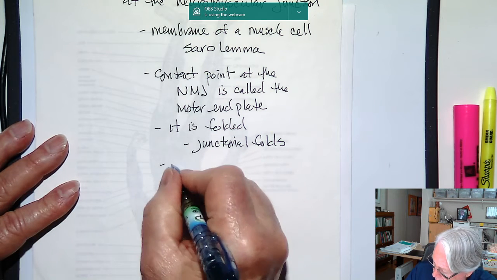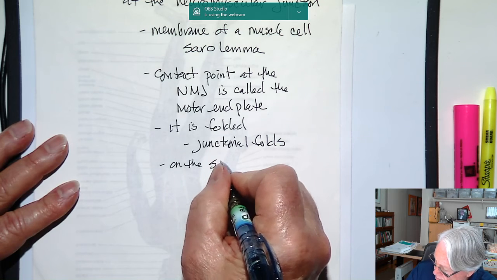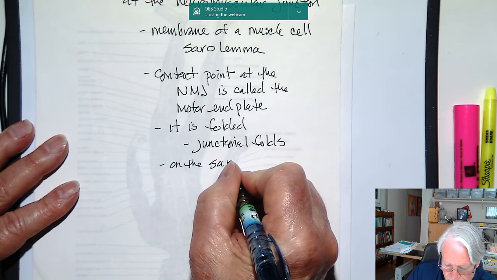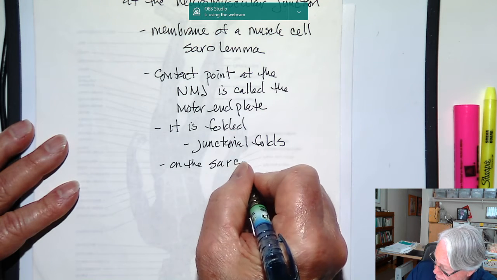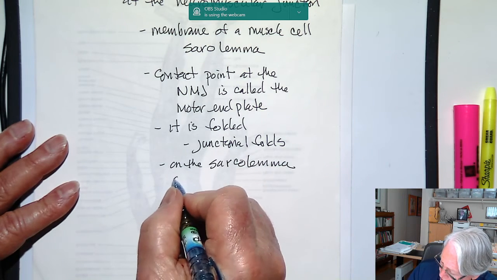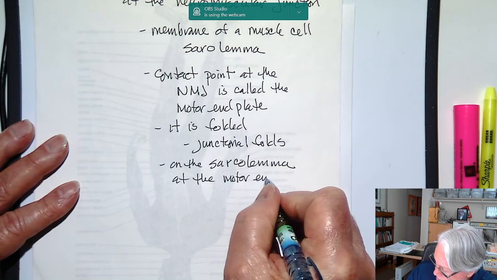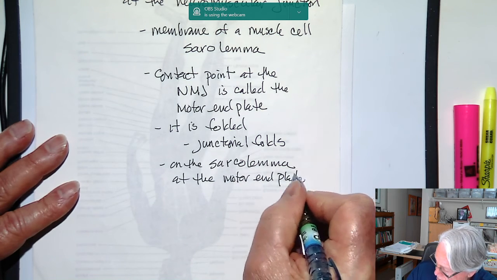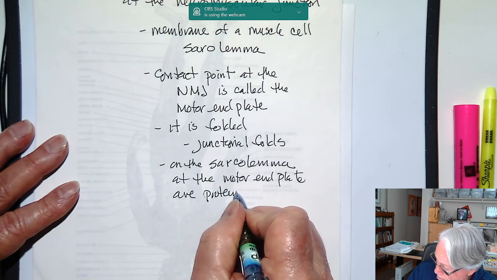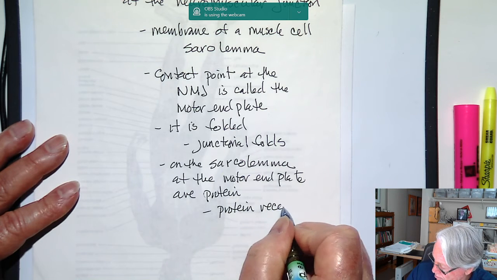And on the membrane, the sarcolemma, at the motor end plate, are protein receptors.